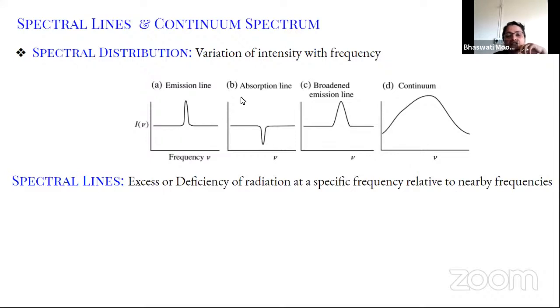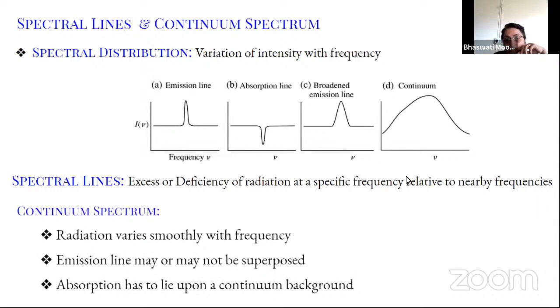In the first 3 parts, A, B and C, of this figure, the change from the flat line occurs only over a very small range of frequencies. These are called spectral lines, where you see either enhancement or decrement of radiation within a very short range of frequencies. The fourth pattern is the continuum, the black body continuum for a star, where the radiation varies smoothly with frequency.